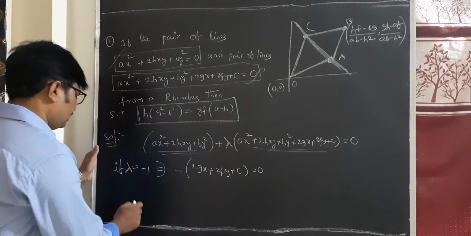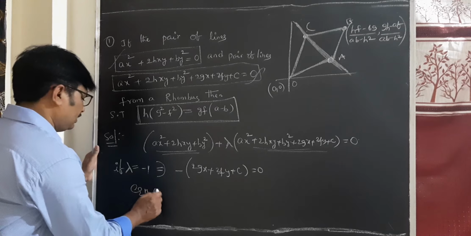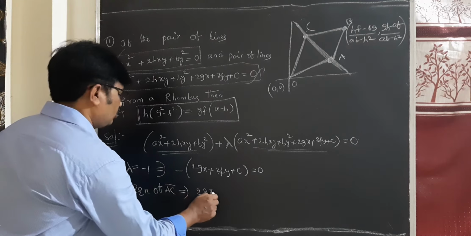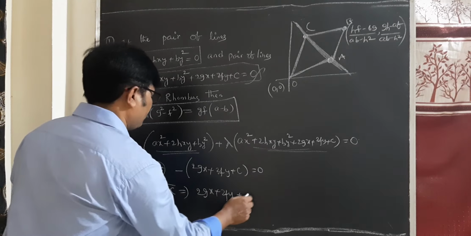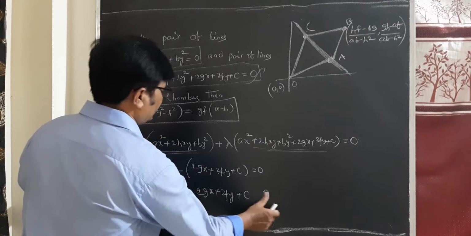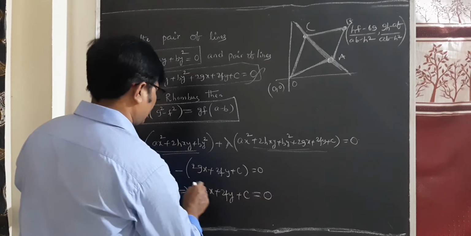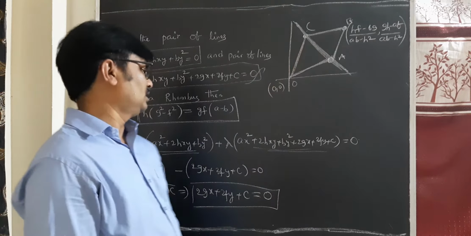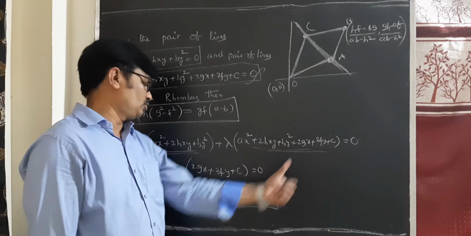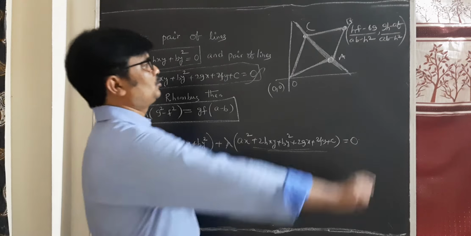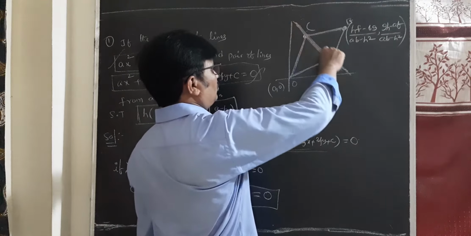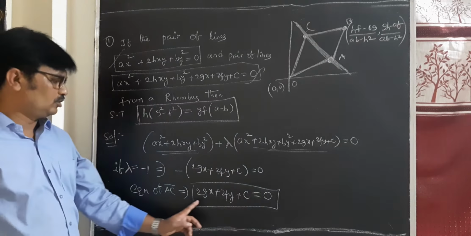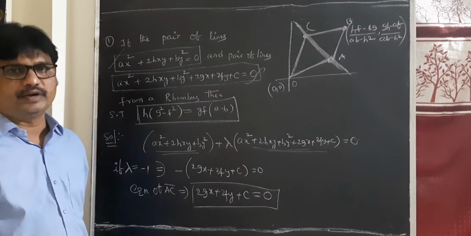Therefore the equation of AC is 2gx + 2fy + c = 0. The two pairs pass through the points of intersection A and C, and that equation is 2gx + 2fy + c = 0.